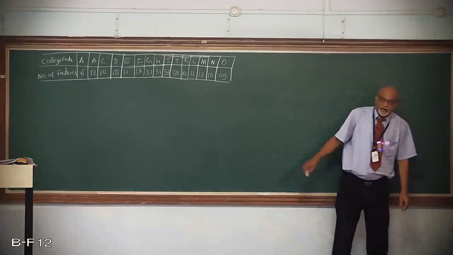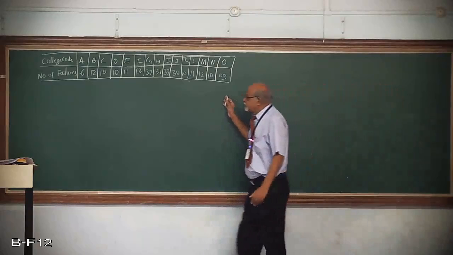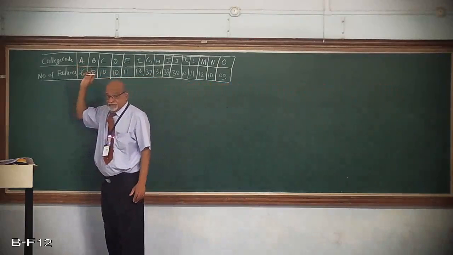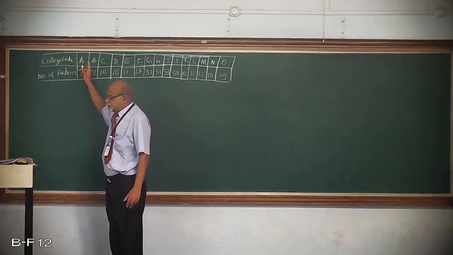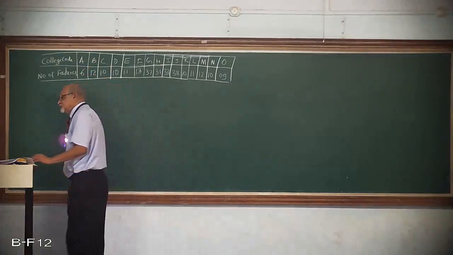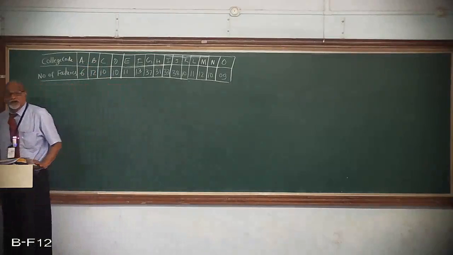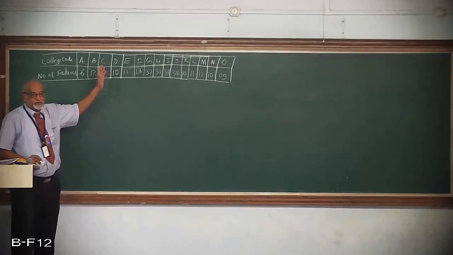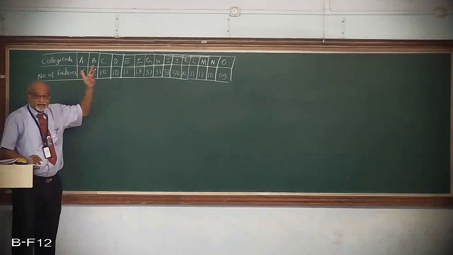Now, here the sample, if it is varying, say for example, college A has got some 500 students, college B has got 700 students, college C has got 800 students, then the things would have been different.